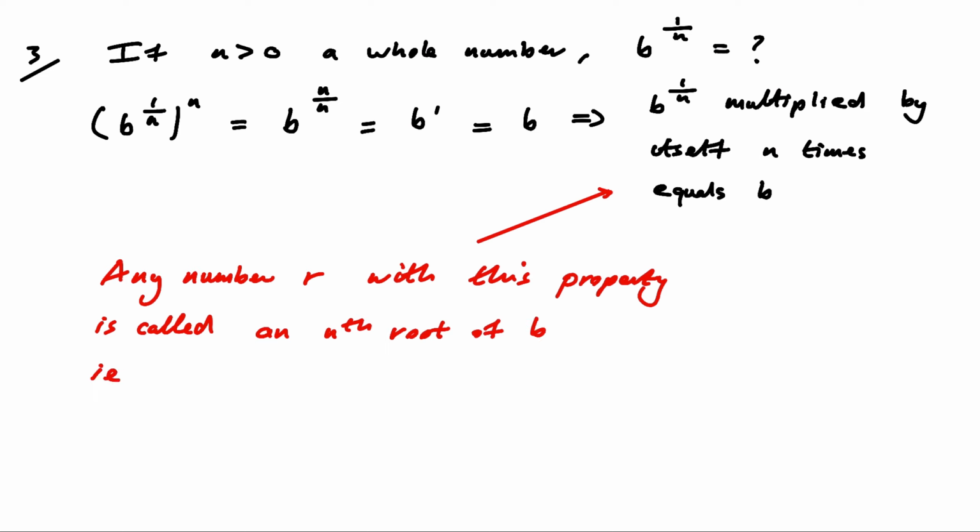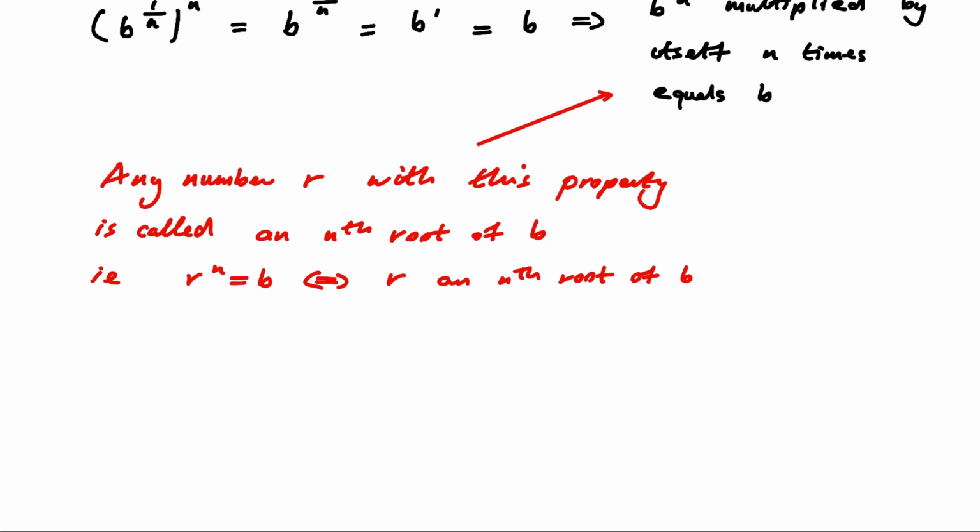More specifically, r to the n is equal to b is exactly the statement that r is an nth root. So b to the 1 over n is going to have to be an nth root, isn't it? Right? It's going to have this property.